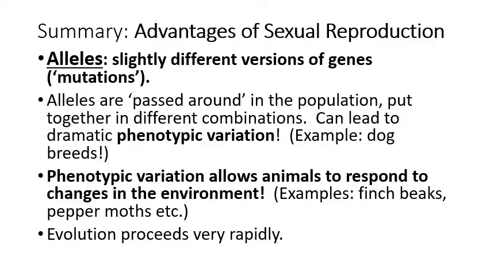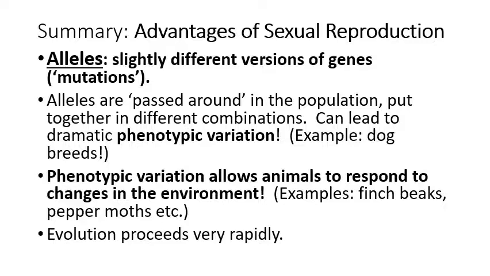Okay, so to summarize, sexual reproduction is an advantage because it leads to phenotypic diversity. Phenotypic diversity is brought about by the fact that you have several alleles of each gene that are being passed around in the population. The different alleles were originally caused by different mutations, but evolution is not really driven by mutation.